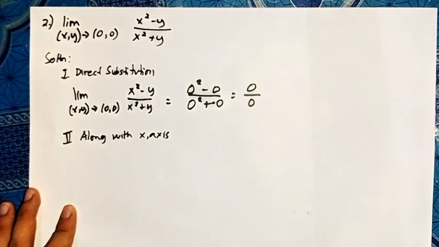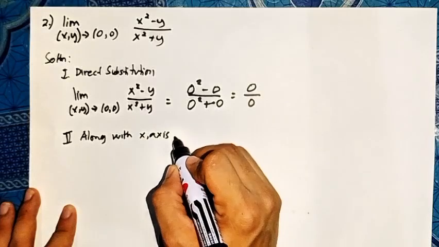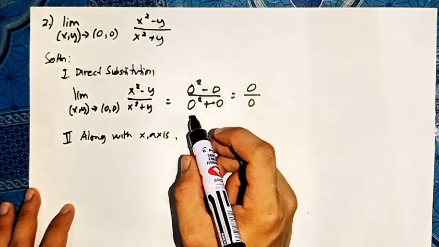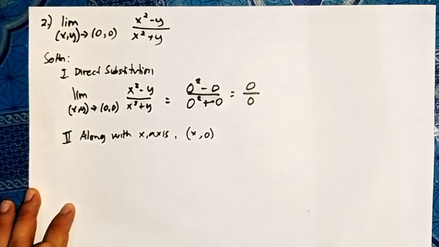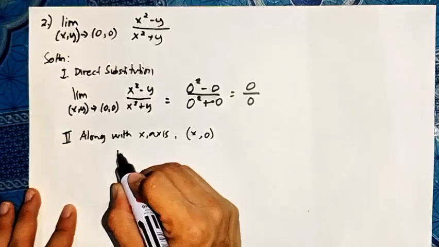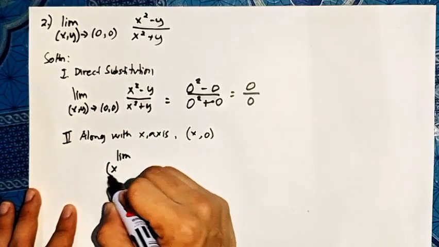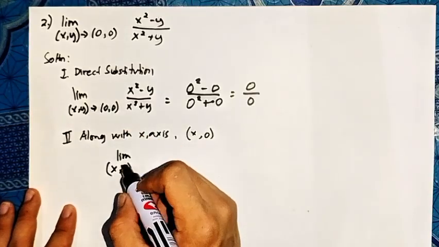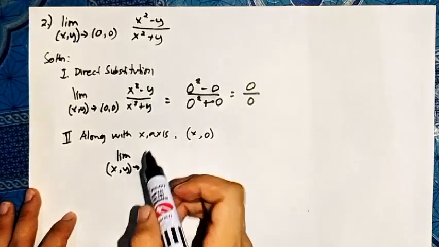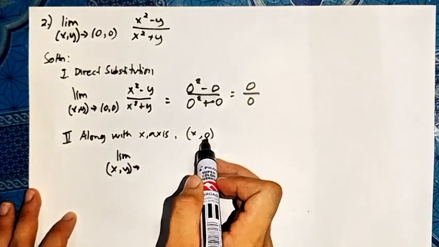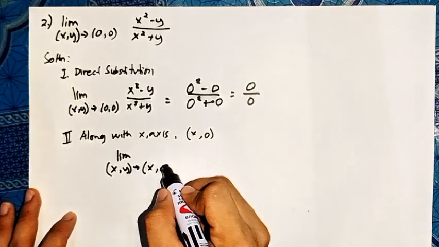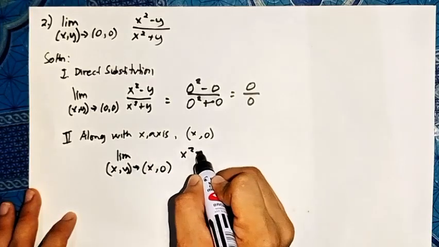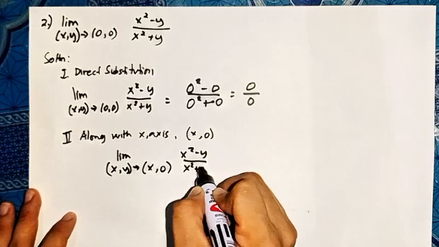Every point is of the form (x, 0), and the limit along this approach is the limit as (x, y) approaches (x, 0) of x squared minus y over x squared plus y.